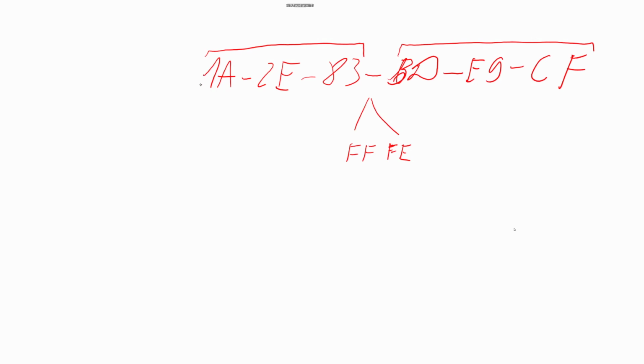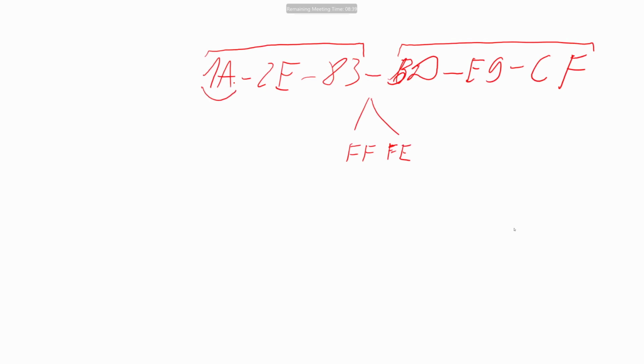Okay, what next? Next we take this one, and here we have in binary 0, 0, 0, 1 and 1, 0, 1, 0. What we need to do here is take this bit and invert it. So we have 0, 0, 0, 1, 1, 0, 0, 0.